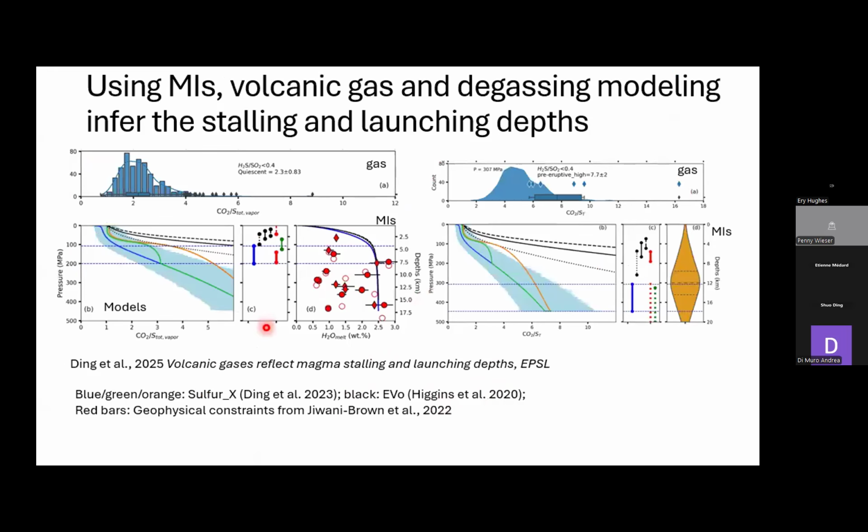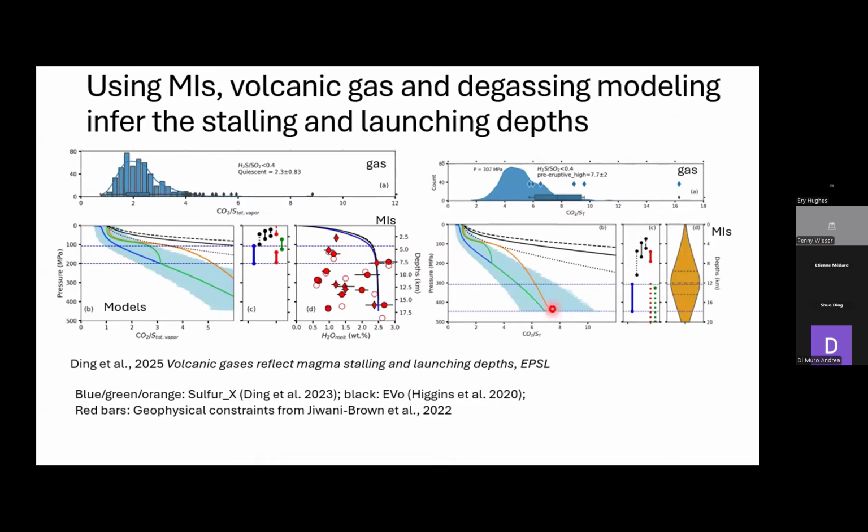So here are the results. This is the model CO2 to sulfur ratio compared to the quiescent gas and also the pre-eruptive gas. The comparison shows that the quiescent gas could have been derived from depths between 4 to 8 kilometers, where the magma starts to significantly lose water and stall.